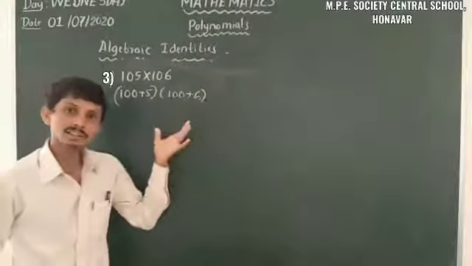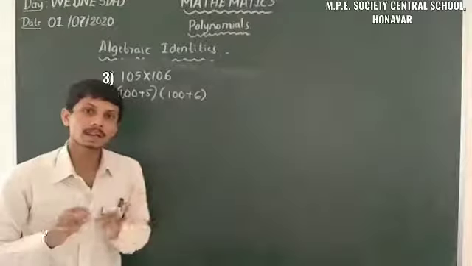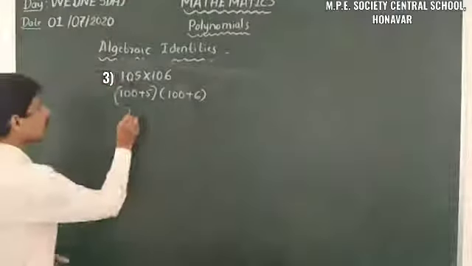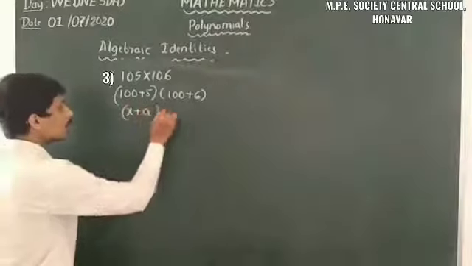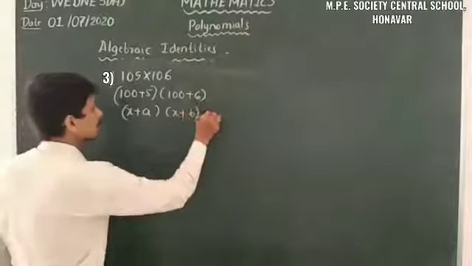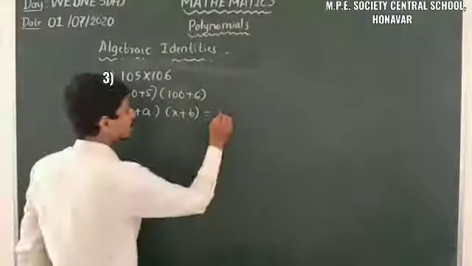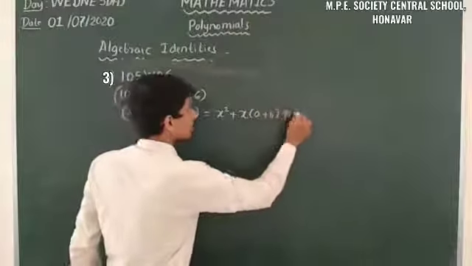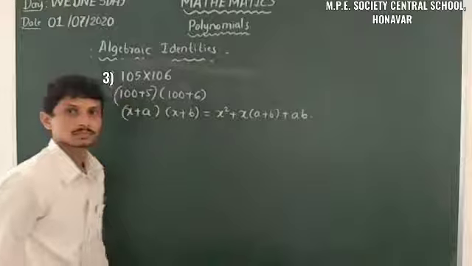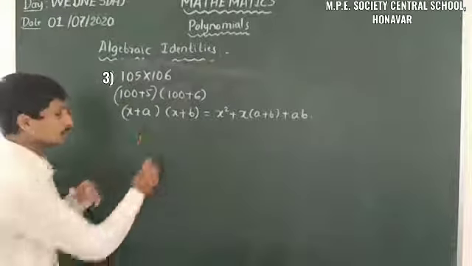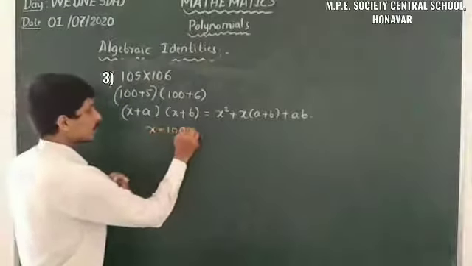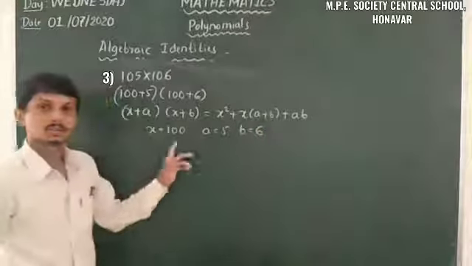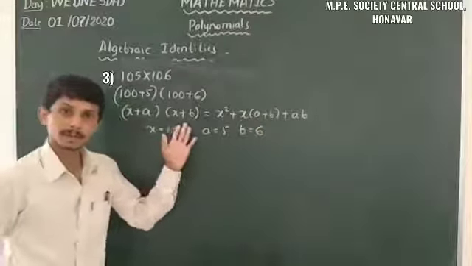I will solve this problem with the help of an algebraic identity, that is (x + a)(x + b) = x² + x(a + b) + ab. Just substitute the values x = 100, a = 5 and b = 6 in this identity.